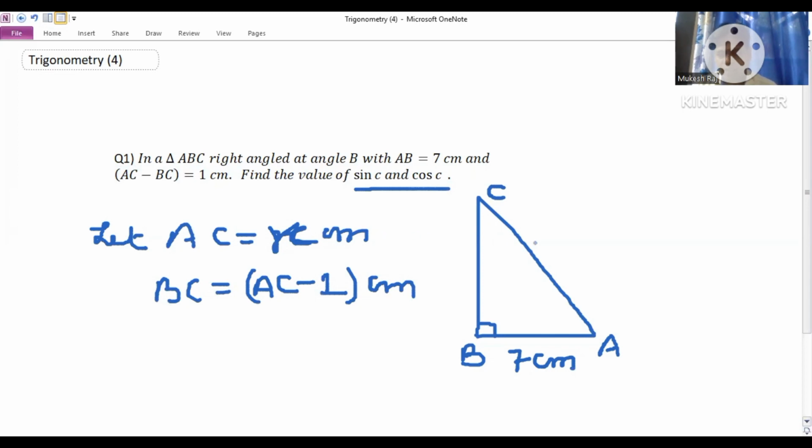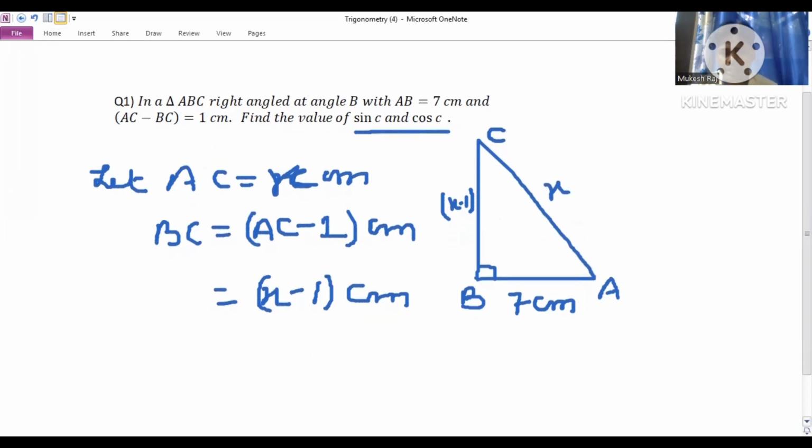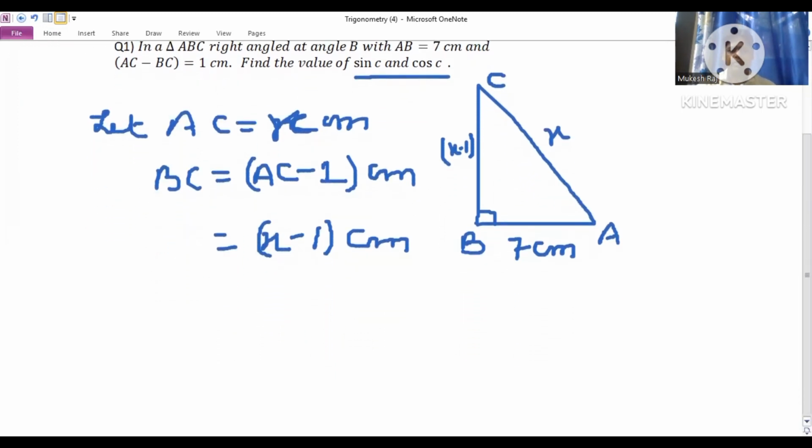Now marking these values which I have obtained here, x and then BC, which is x minus 1 centimeter, since we have taken AC as equal to x. So I can write here x minus 1. With these values, let us move ahead and solve the question.